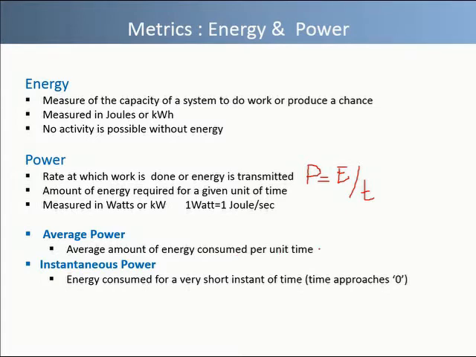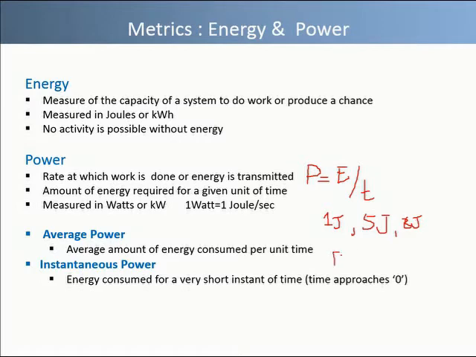To understand this concept, let us assume a scenario in which we have a certain device which consumes 1 joule of energy in first second and 5 joule of energy in second and 8 joule of energy in third second. So the total average power is equal to the average of all these energy consumptions in their respective second.